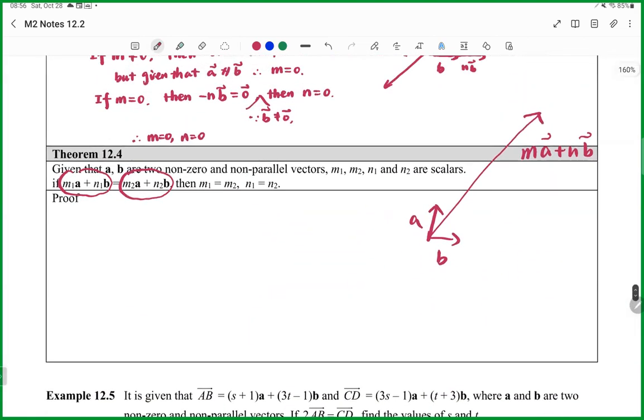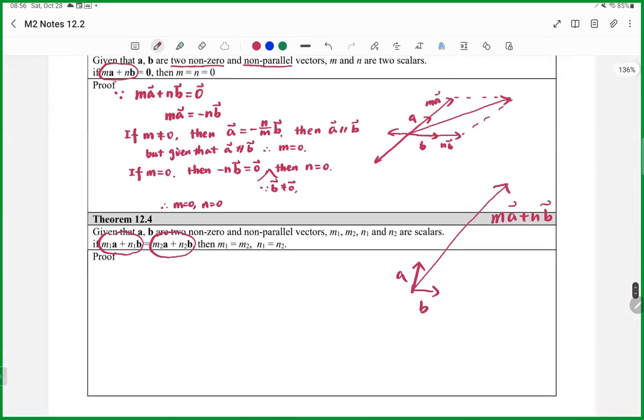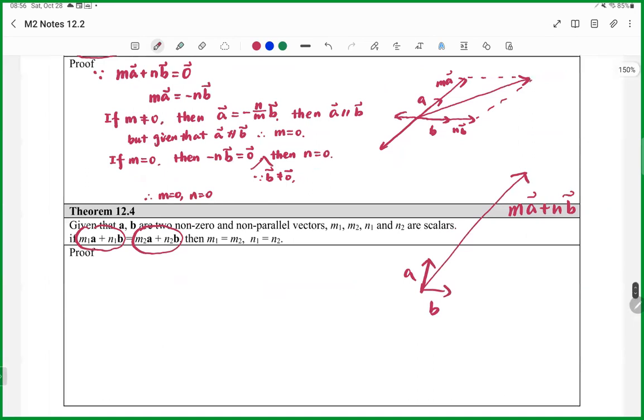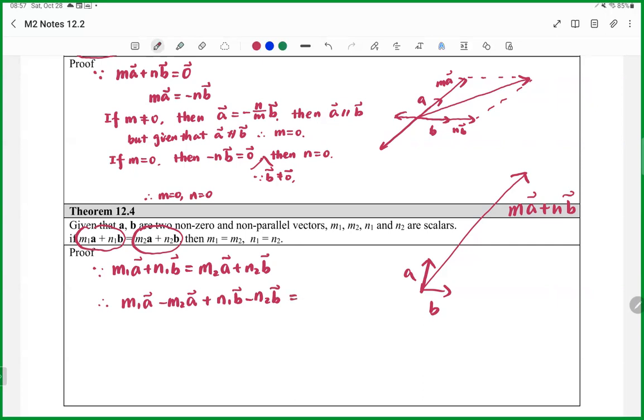Now, how do we prove that? It's actually not so difficult if we have the previous result, which is that the combination can never be zero. Now, if M1A plus N1B equals M2A plus N2B, then M1A minus M2A plus N1B minus N2B equals zero vector.